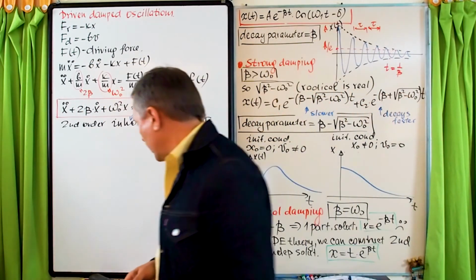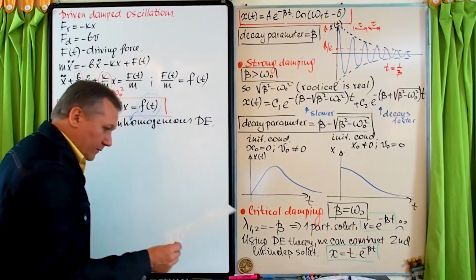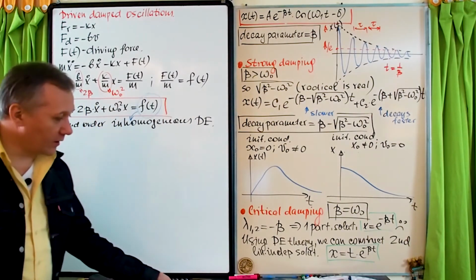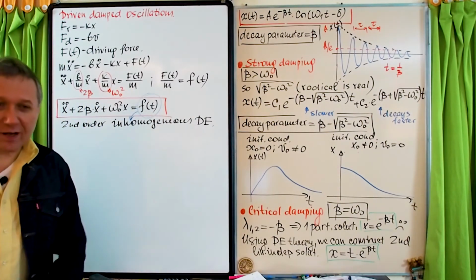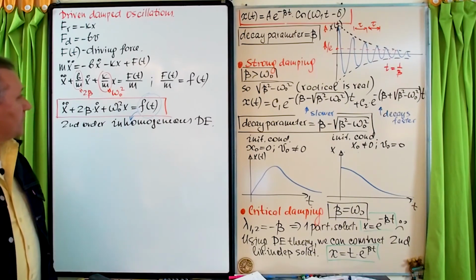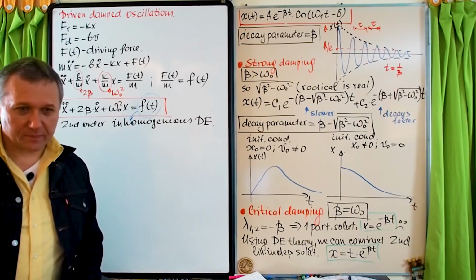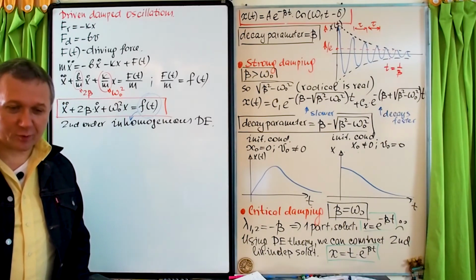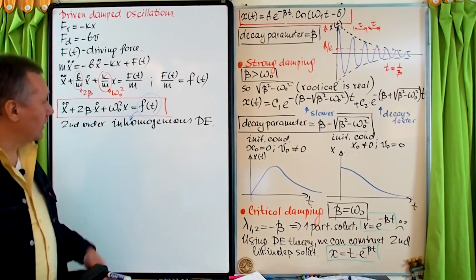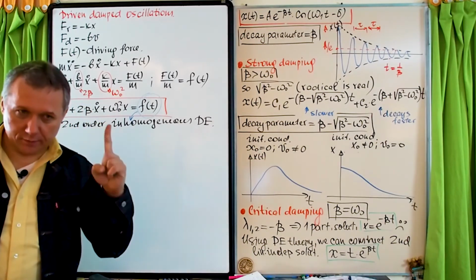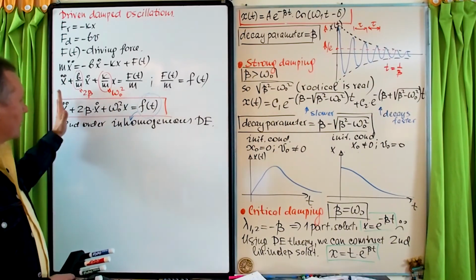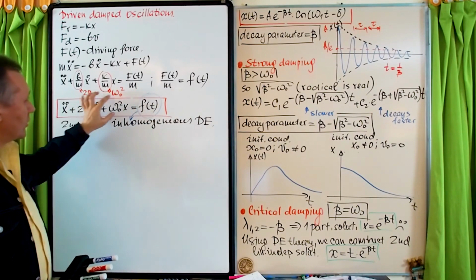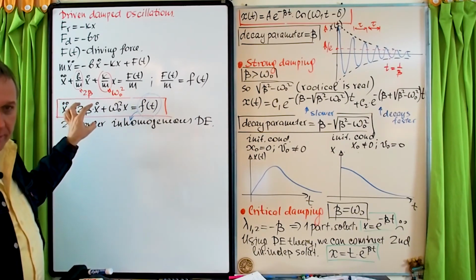Of course, now we need to recall, again, the theory of differential equations. How can we solve an inhomogeneous differential equation? I'm sure that some of you remember. We first need to find a general solution of the homogeneous differential equation, just basically dump this part and write a general solution of the homogeneous equation.